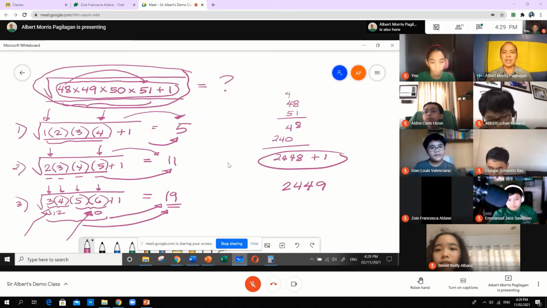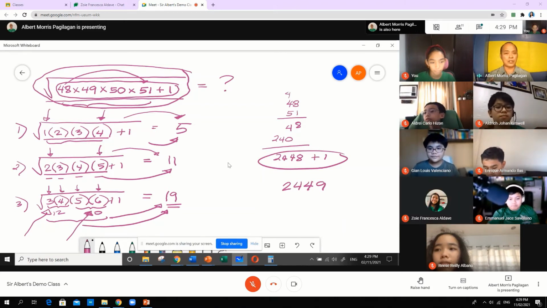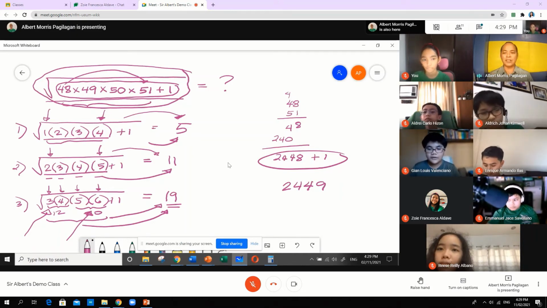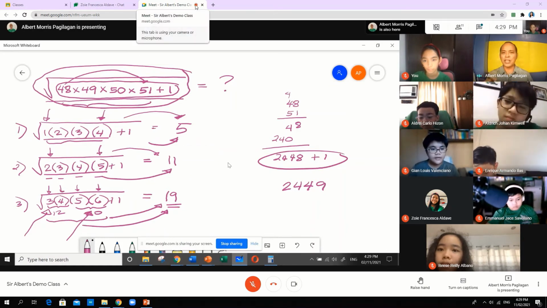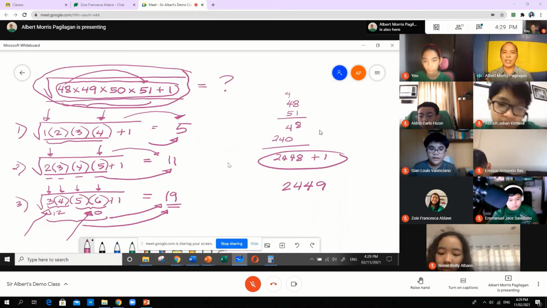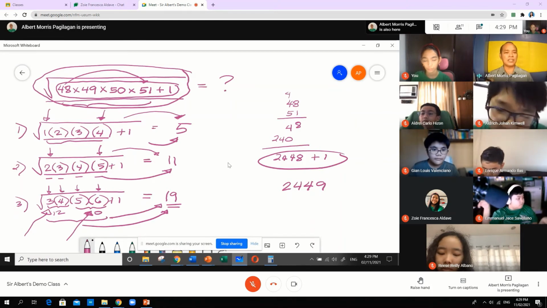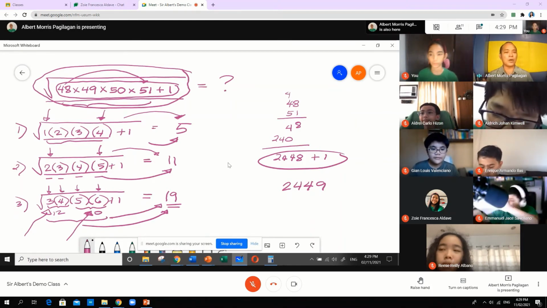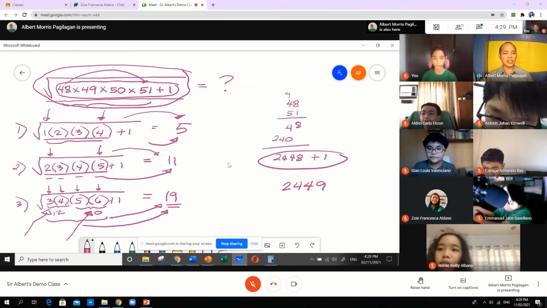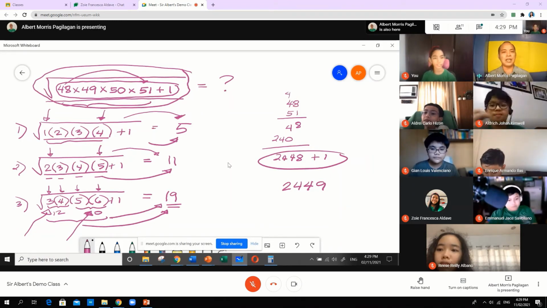In a problem-solving situation, you're asked to draw out creativity in your solution. One of the things that would allow you to do that is to try to find patterns. When you look for patterns, one of the things that you can do is try working with smaller numbers, so that it's going to be easier to find the pattern.